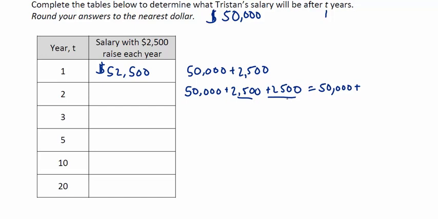We added the same number twice, and in math, we can use multiplication to represent that. We added the number 2,500 2 times, so we will multiply this number by 2. Multiplying 2,500 by 2 is the same as adding 2,500 2 times.